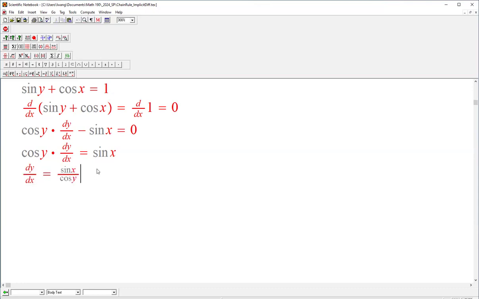Guess what? There are some alternatives we can do, because here we have, oh, actually, no, we can't. Sorry. So that's it. First order derivative found. Let's find the second order derivative. The second order derivative is the derivative of the first order derivative.